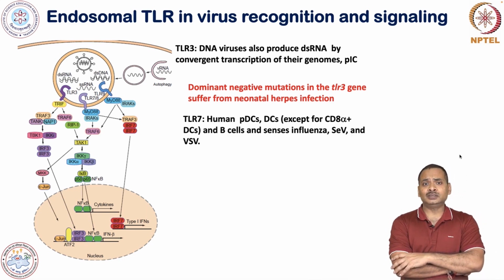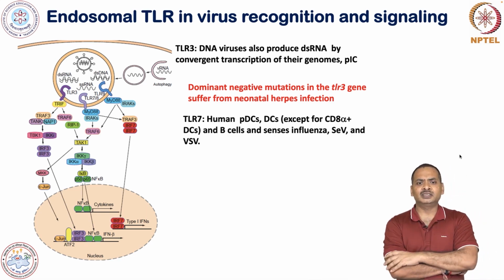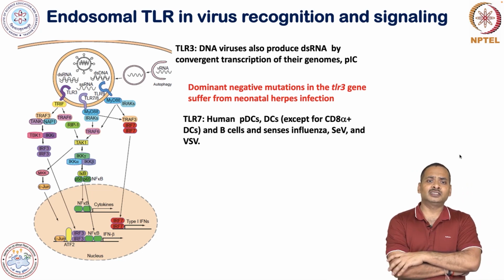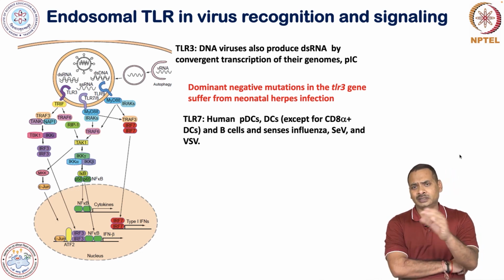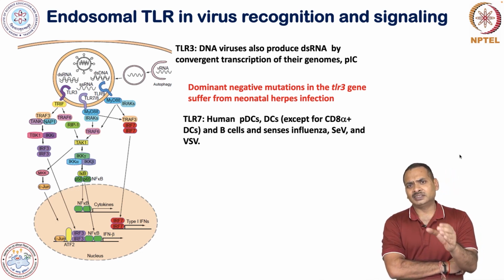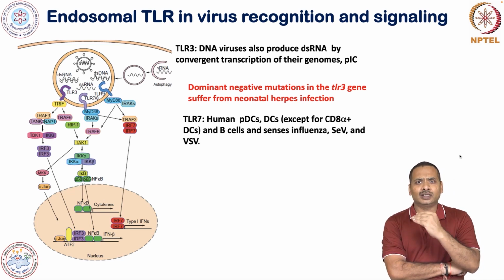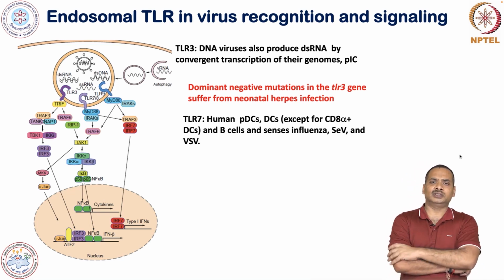TLR7: human pDCs and DCs express TLR7, and B cells also, and it senses influenza, Sendai virus and VSV.